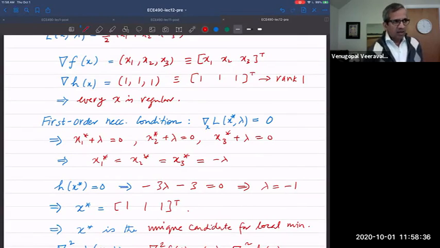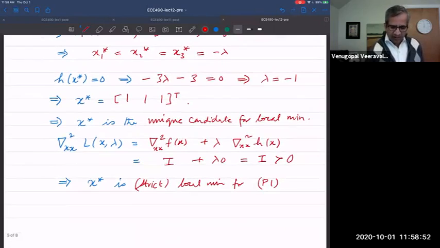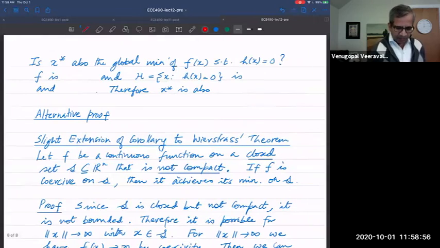So any local minimum is also a global minimum for convex functions on closed and convex sets. We know that every local minimum has to be a global minimum as well. And there's only one candidate for a local minimum, so it must be a global minimum. So that's one way to do it.